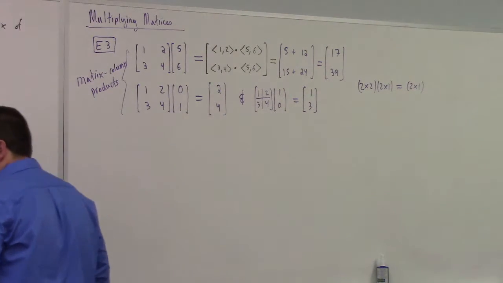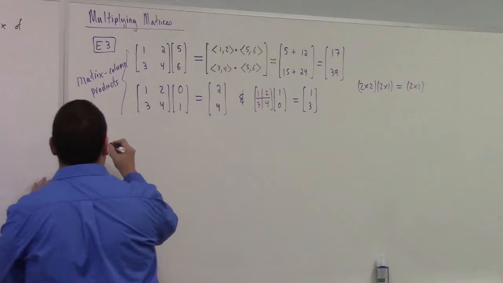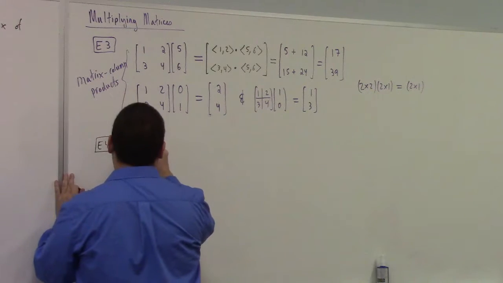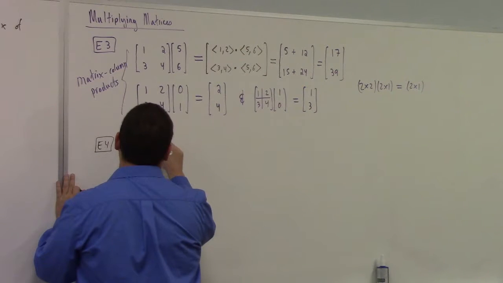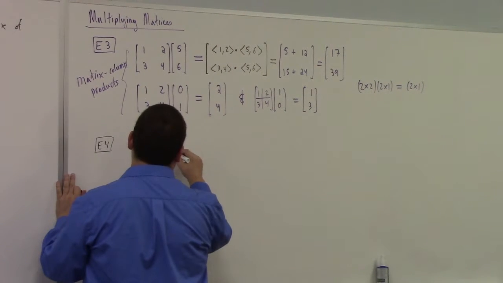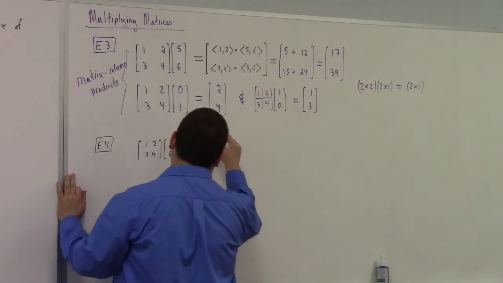Let me show you another example before I get to the general definition. Example 4. If we look at 1, 2, 3, 4 times 5, 6, 0, 1, what do we get?